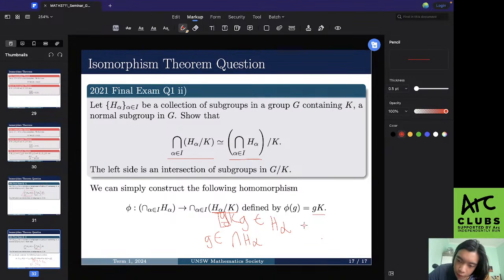So hopefully you get to see why this can actually work as a function.